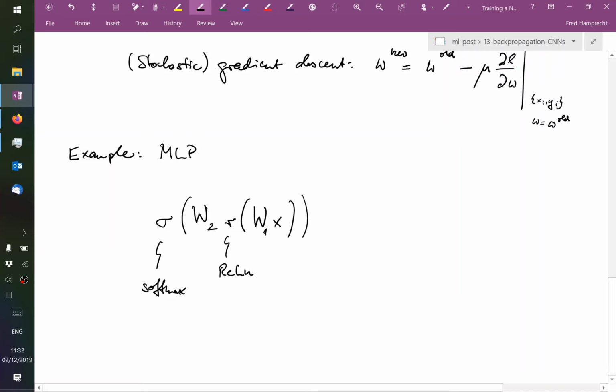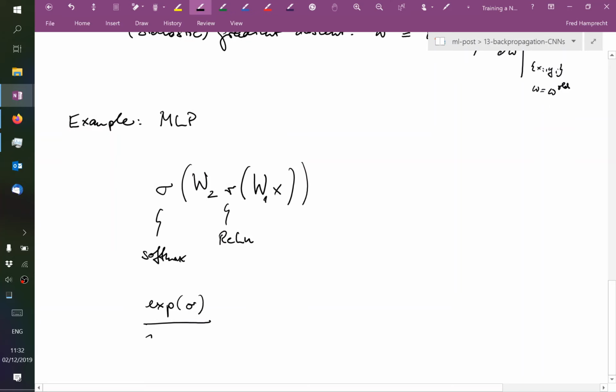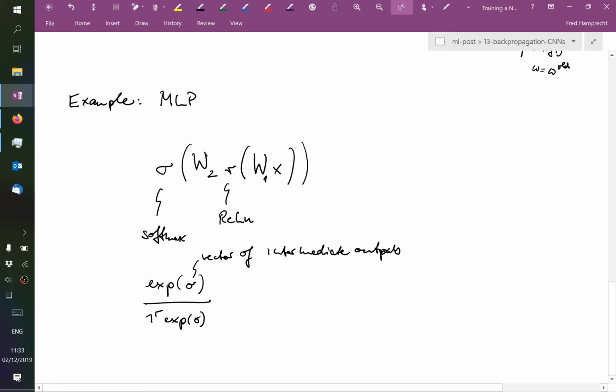Yeah, so what is softmax? If I have some vector, I might have some temperature parameter in there, or I can omit it. So this is like e to the O divided by 1 transpose e to the O. So this would be a vector of intermediate outputs. And here in the denominator, this is just a summation. Yeah?